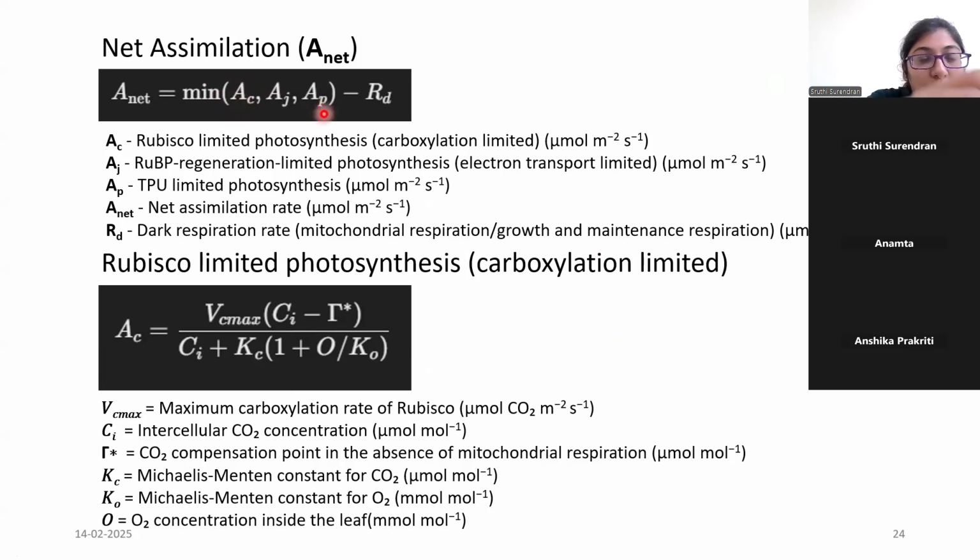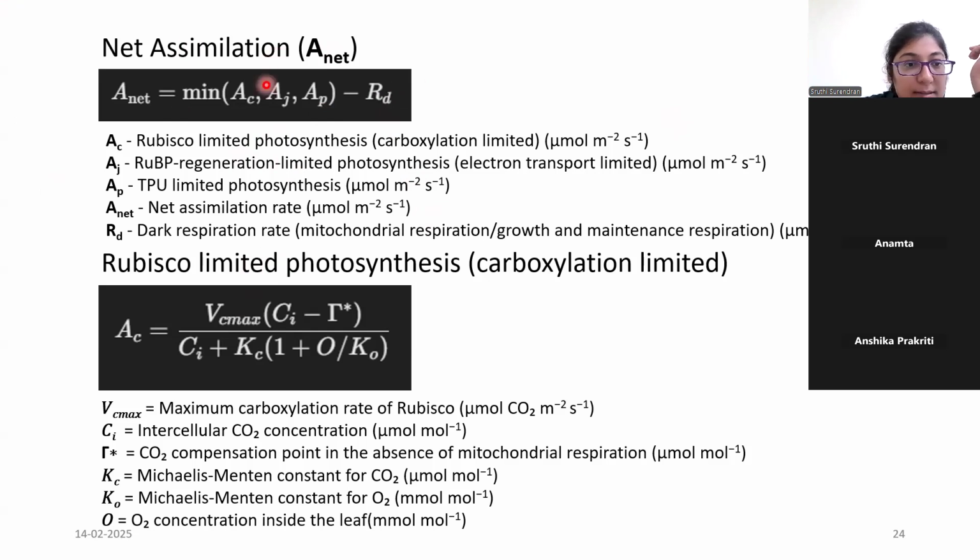Whatever is the minimum value of the 3 values of net photosynthesis, we will include in this term and then subtract the dark respiration rate. I think this is not very complicated to understand. You just have to find the value of AC, AJ and AP, and out of these 3 values, take the minimum photosynthetic rate and subtract the dark respiration for the respective curve.